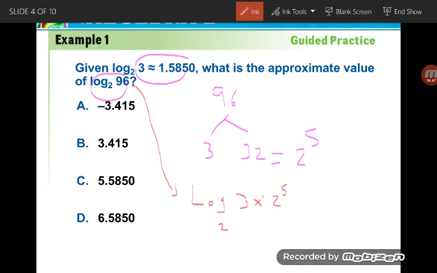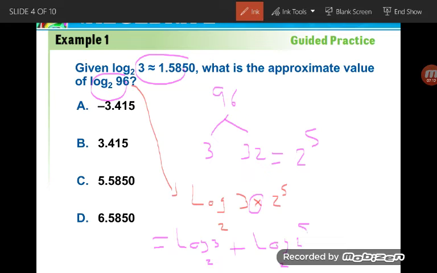The multiplication, you can change it to addition. It will be log 3 base 2 plus log of 2 to the power of 5 base 2.